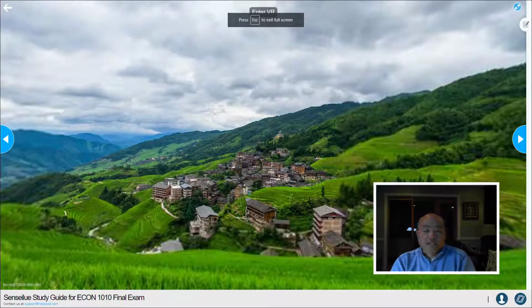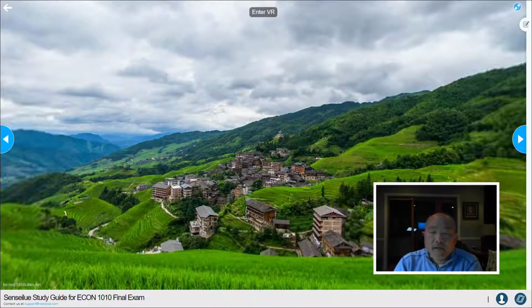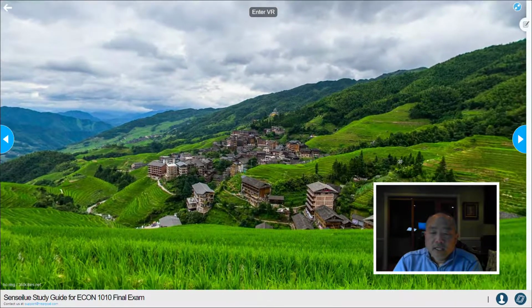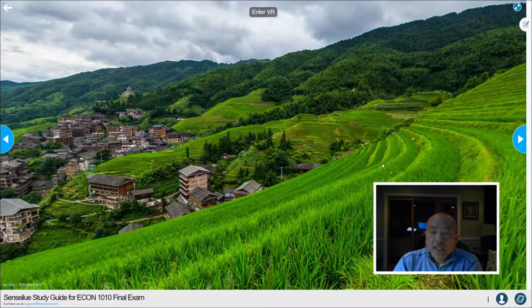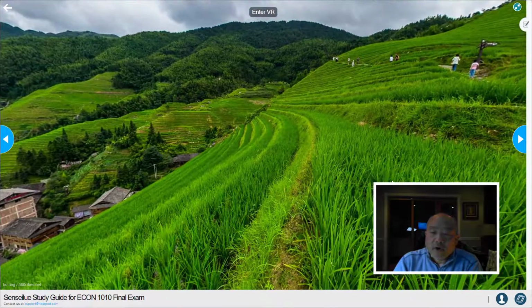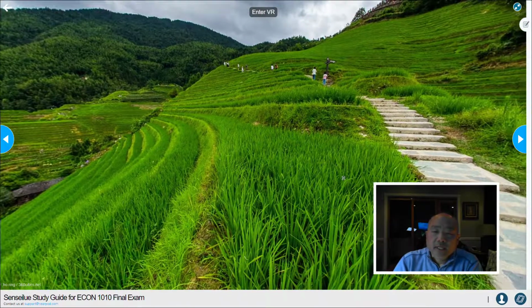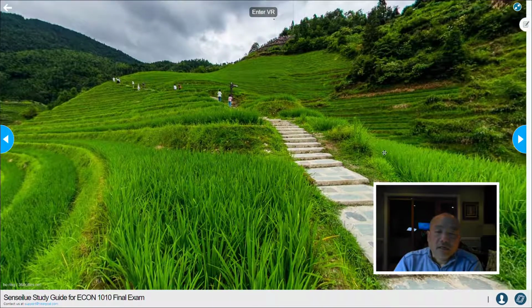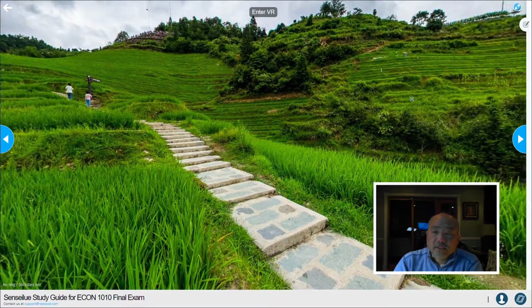Let's take a look at this. This is a virtual reality shot, and as you can see, a little bit of interesting farming here. This is terrace farming, and these are rice fields.